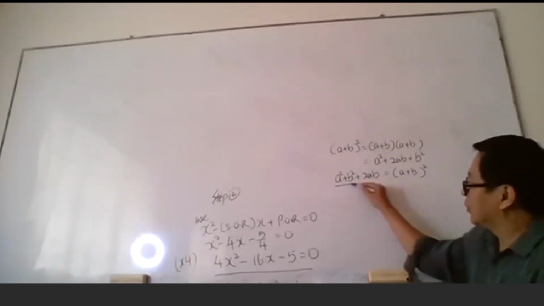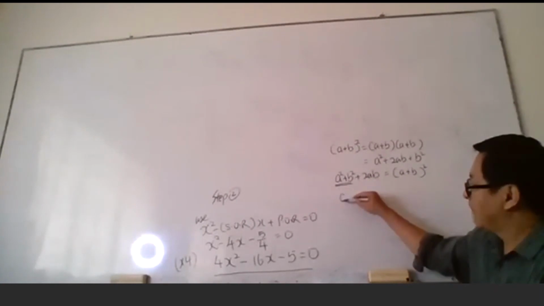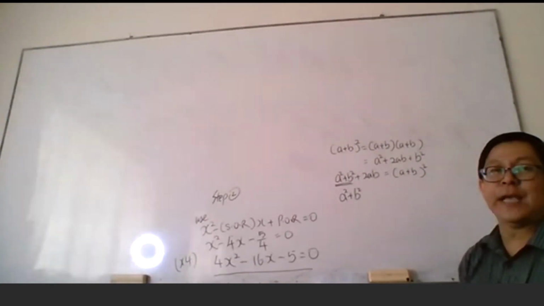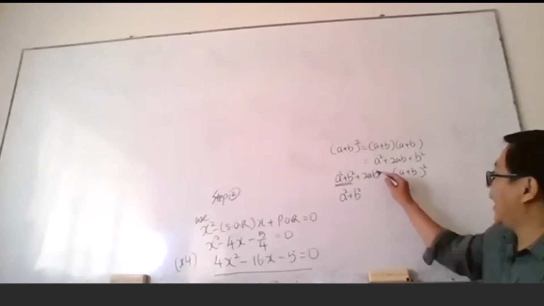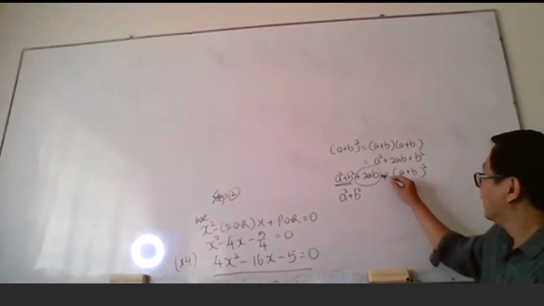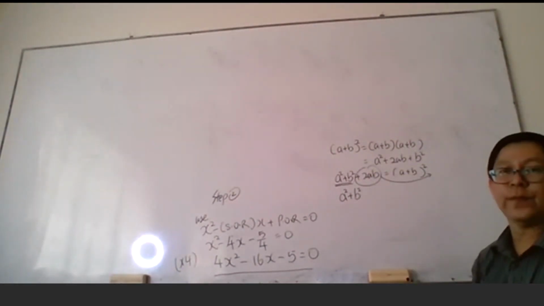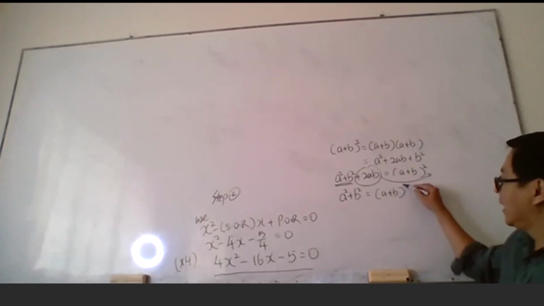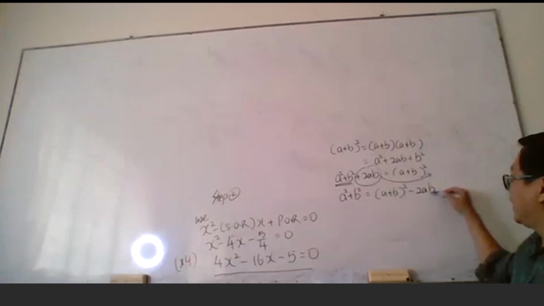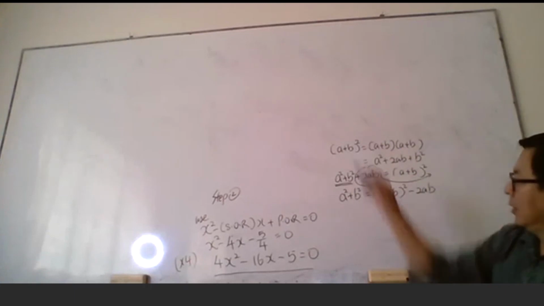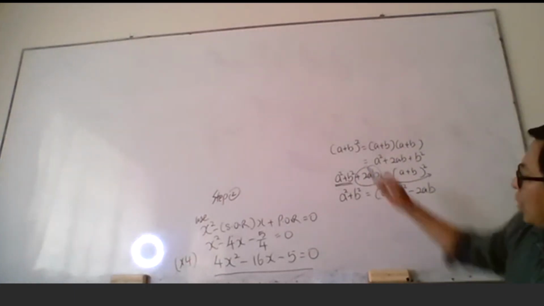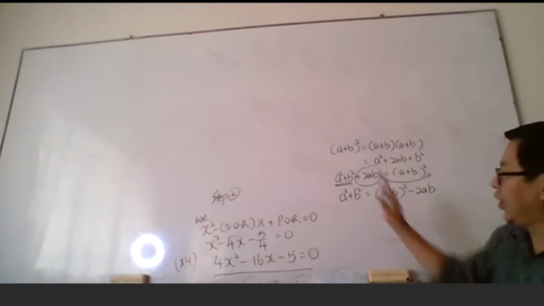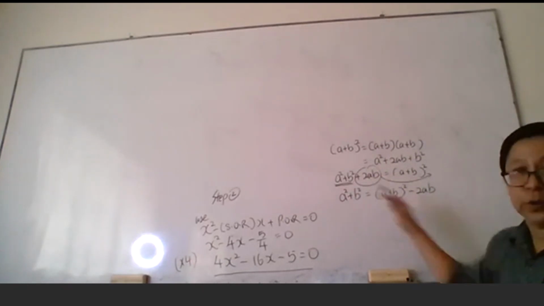Okay, I will remain a squared plus b squared on the left, so this 2ab I will shift to the right hand side: a squared plus b squared equals (a plus b) squared minus 2ab. I hope you understand how to expand and how I shift one term from left to right.